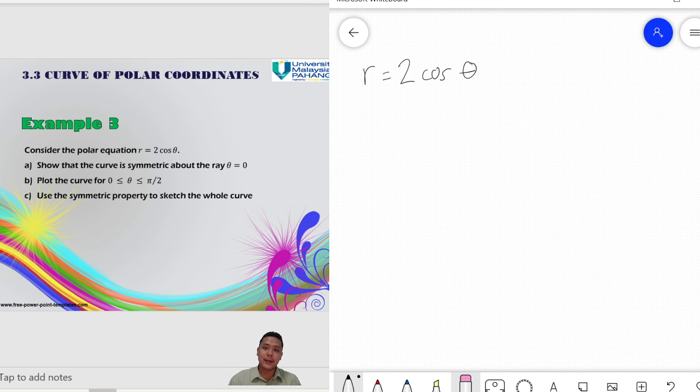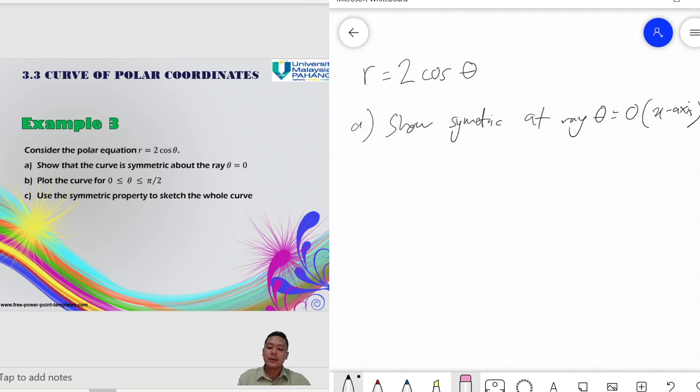So you boleh imagine you punya circle dekat mana? Dekat kanan. Okay, tapi that is not the question. The question is that show that the curve is symmetric at the ray theta equals to 0. My hint is that it will be the symmetric line of x-axis.